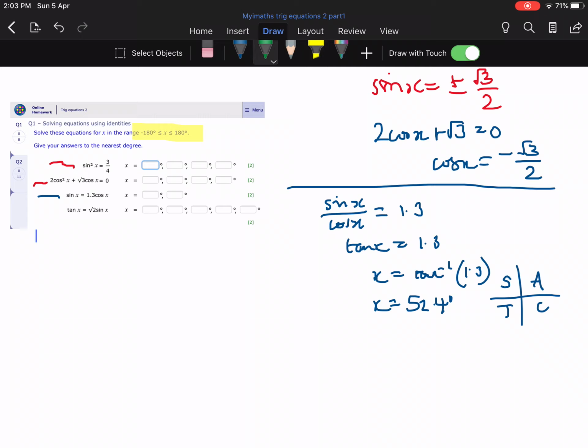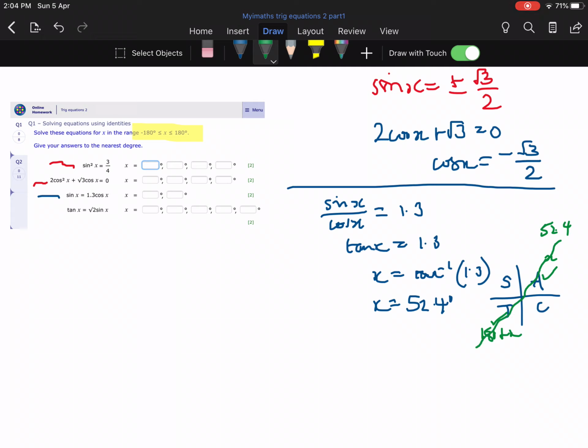So that means I'm going to tick the all quadrant and the tan quadrant, which is 180 plus x, and this is x. So I'm going to have an angle here, which is 52.4, and I'm going to have an angle here.